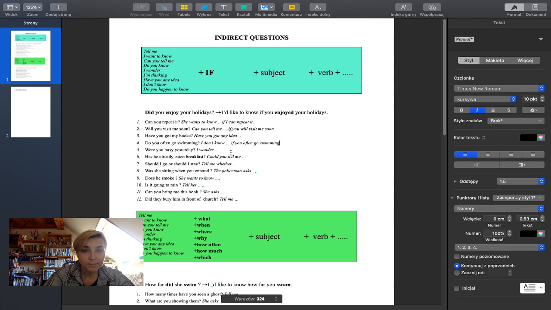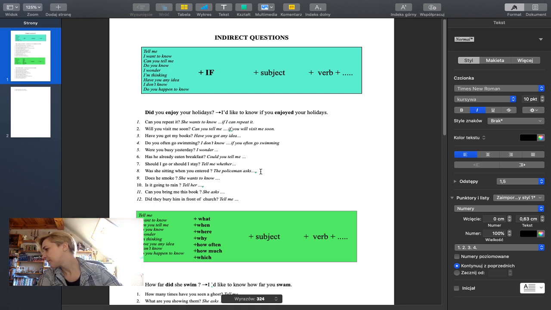And now let's have a look maybe at sentence number 8. Was she sitting when you entered? The policeman asks. Yes, Michał, Monica, okay, well done.